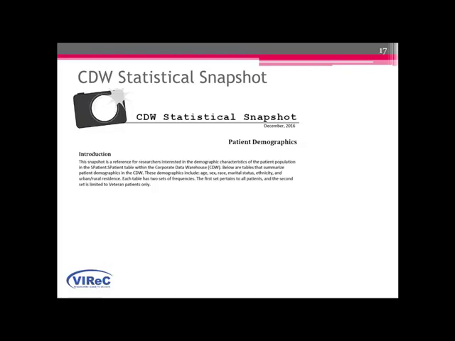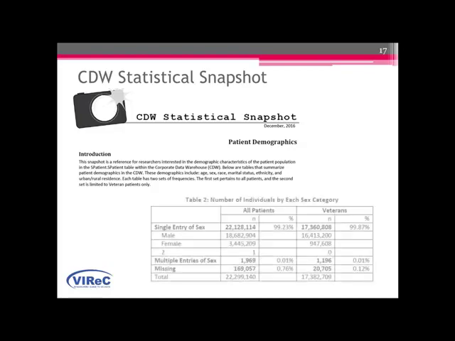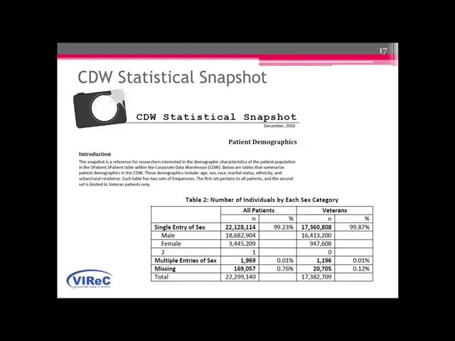It's the first in our series, and an example of the kind of content that you would find in this statistical snapshot is here, an example from Table 2 where we look at the values based on patient sex.